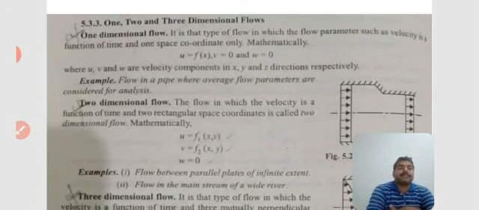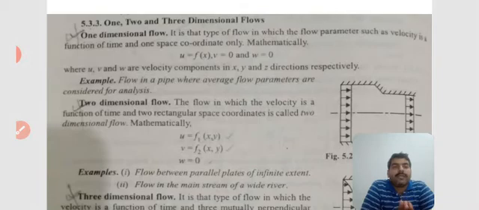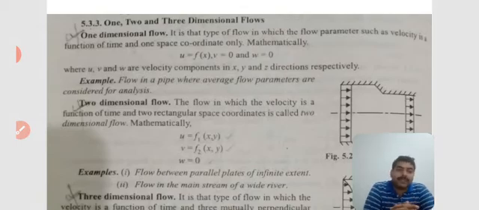In other words, in one dimensional flow the velocity is a function of the x-axis only, with no function of the y-axis and z-axis.